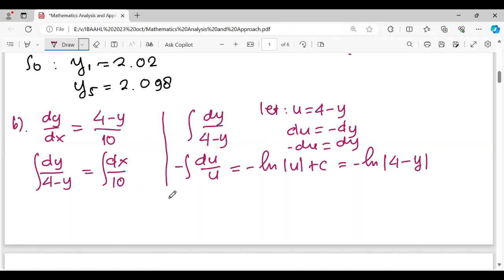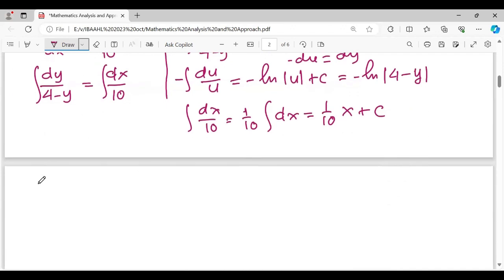And for this integral, dx over 10 is 1 over 10 integral dx, or 1 over 10 x plus c. So the differential equation becomes minus ln(4 minus y) equals 1 over 10 x plus c.